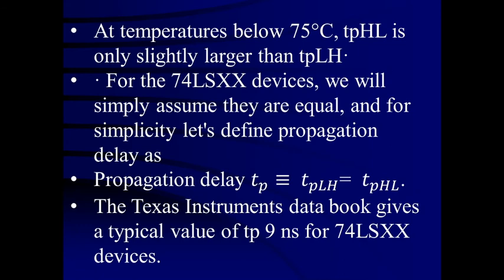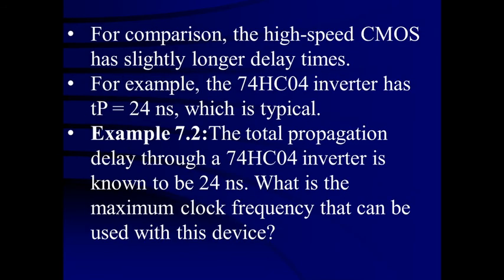The Texas Instruments data book gives a typical value of TP of 9 nanoseconds for 74LS XX devices. That means Texas Instruments, who invented this TTL series, has given a typical propagation delay time of 9 nanoseconds for the low power Schottky TTL series. For comparison, the high-speed CMOS series has a slightly longer delay time.